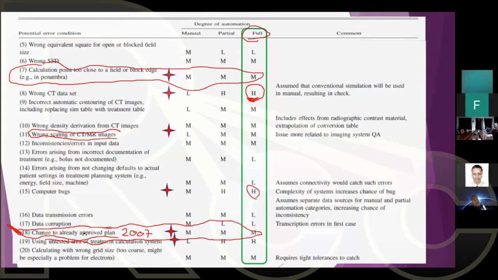The people who discovered it were the therapists on the machine. As the physicists do second checks, the radiation therapists, the technologists, should also be doing their own second check as well. One of the things the therapists check for is any changes that happen to the plan.